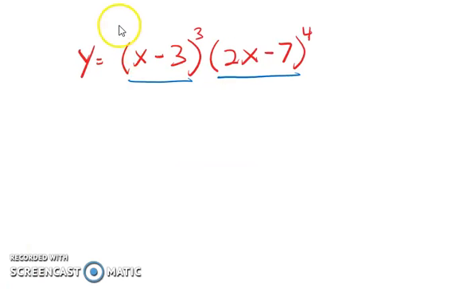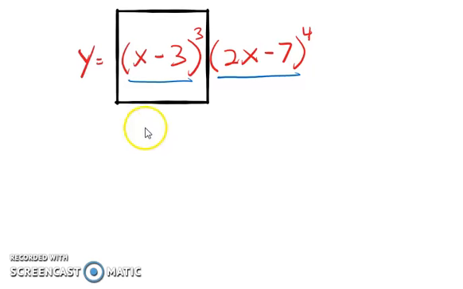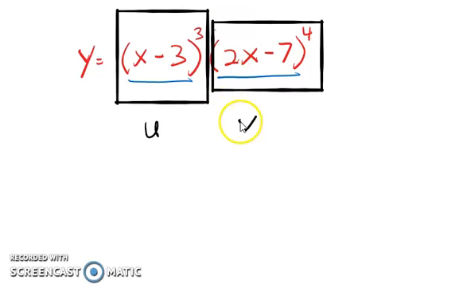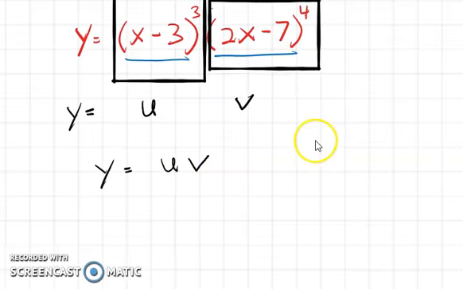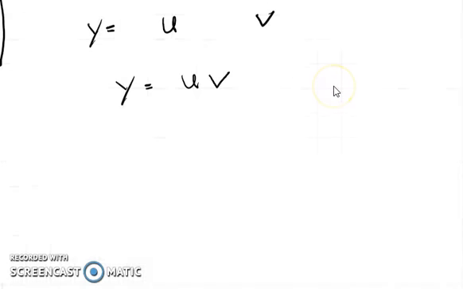Now, let us assume the first equation here is u, and the second equation here is v. So now we have y equals u multiplied by v.